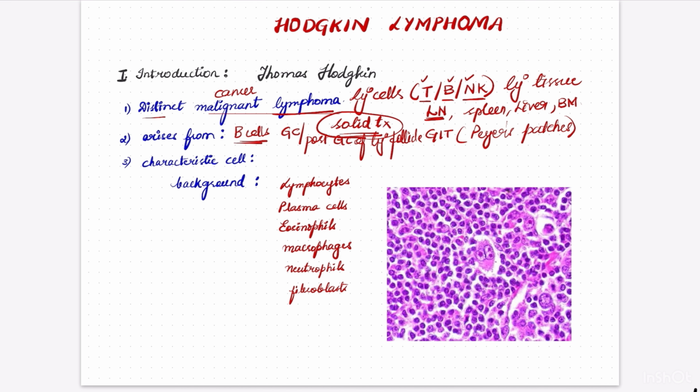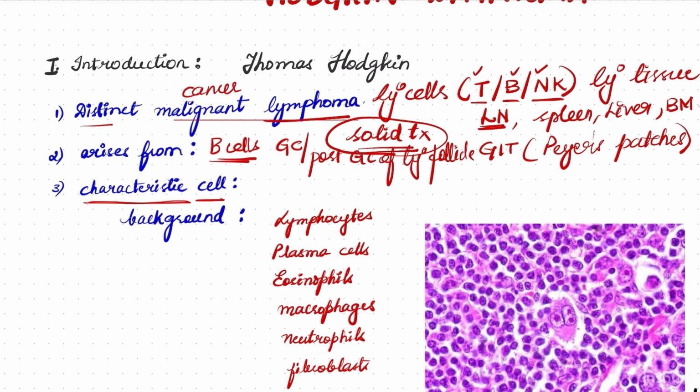Hodgkin lymphoma is characterized by the presence of a diagnostic cell. The presence of this characteristic cell is essential for diagnosing Hodgkin lymphoma. This cell is called a Reed-Sternberg cell, or simply an RS cell.